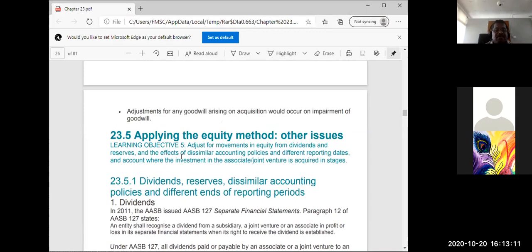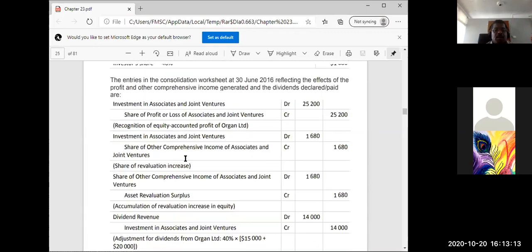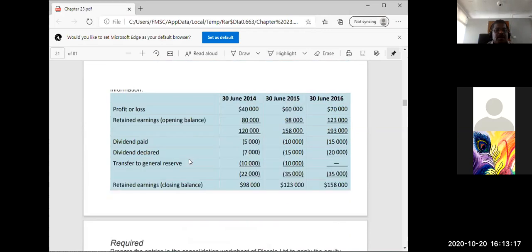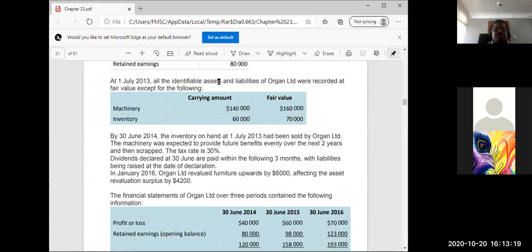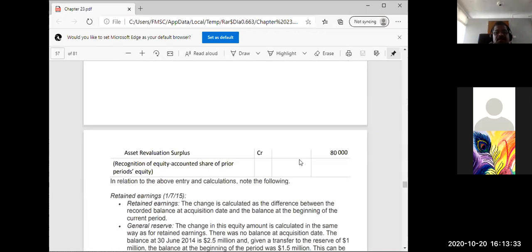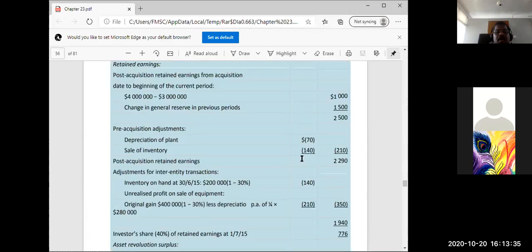In this case, I think I remember the investor is P. Can you remember the name of the company, the investor here? Who is the investor? Piclo. Piclo Limited is the investor, right?